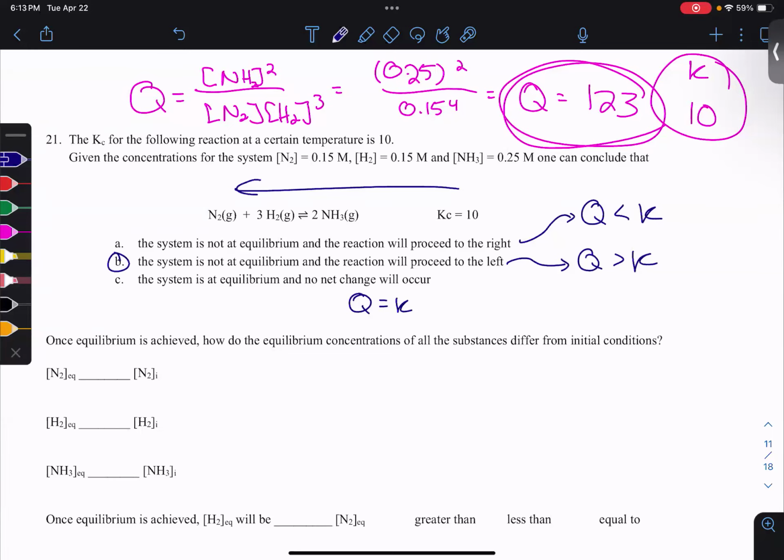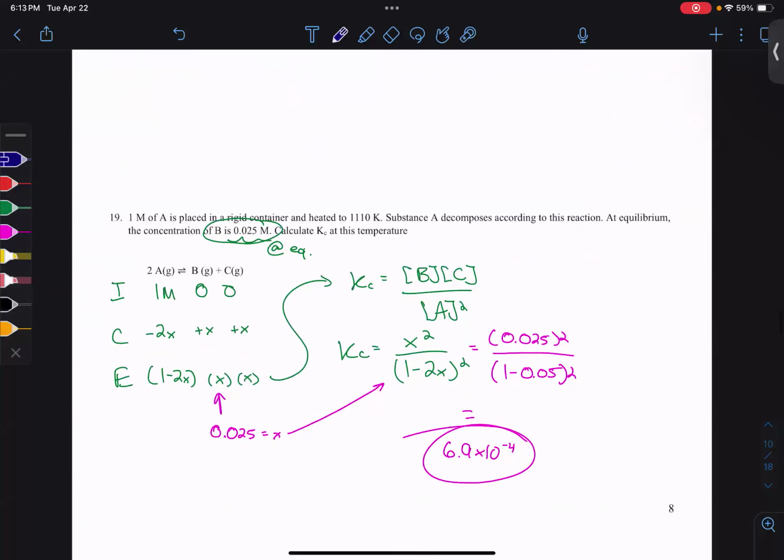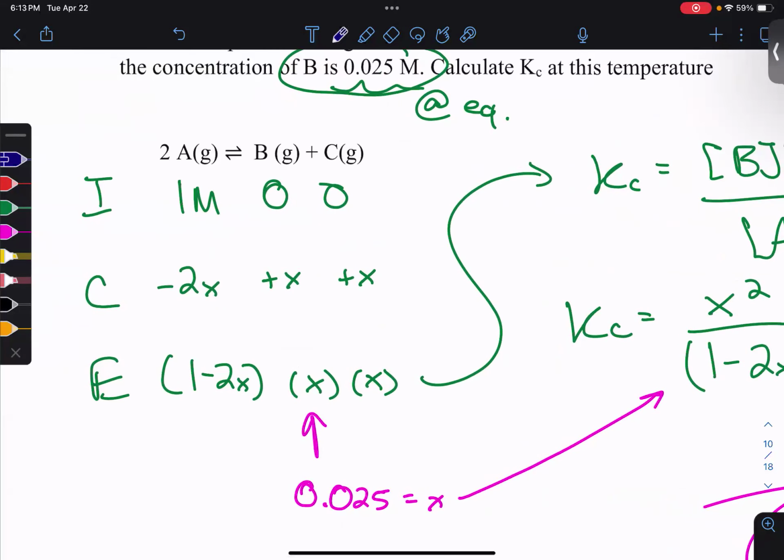So remember in this question I asked you, which way does this reaction have to go? And you all said what? Forward, because we have no products, right? And that tells you the signs of the change line.